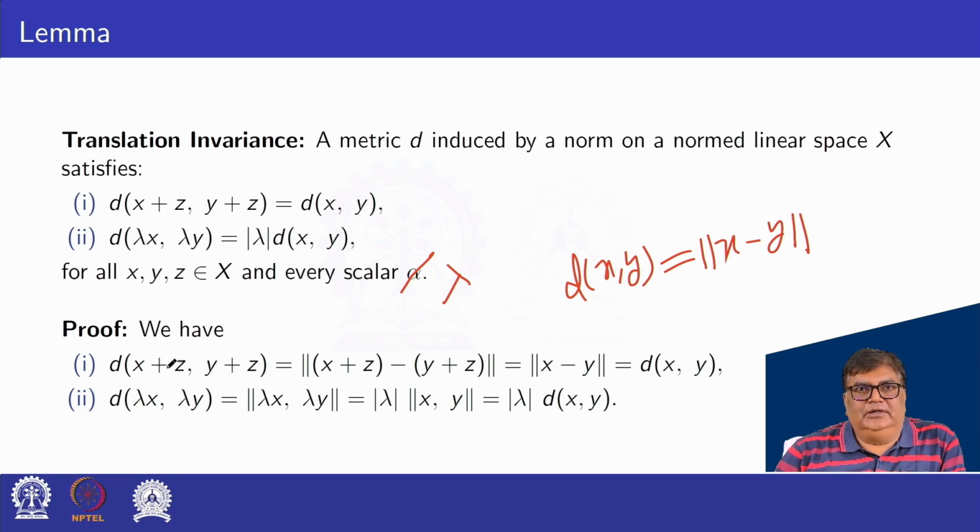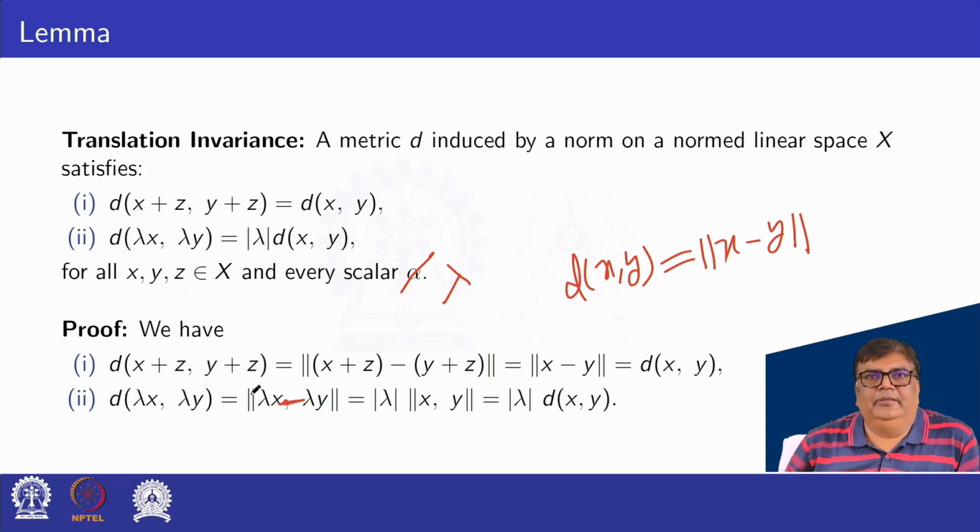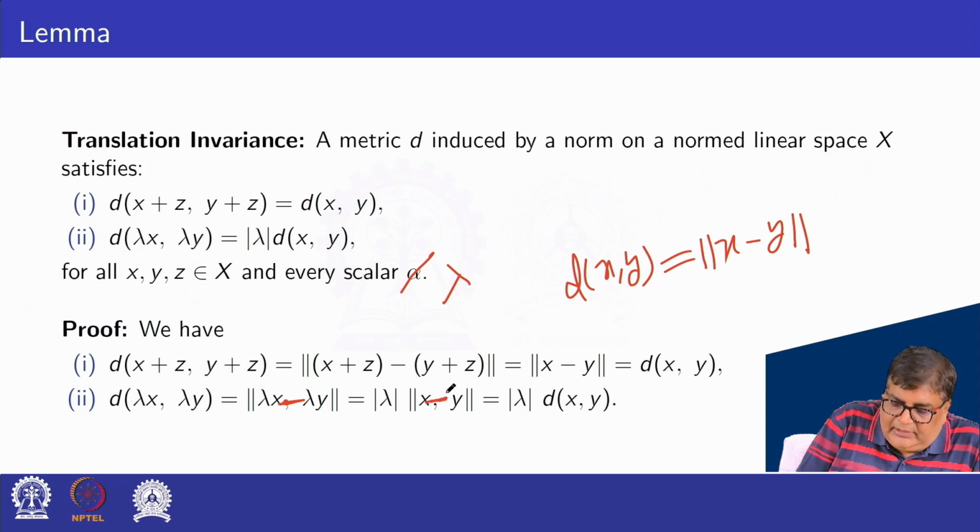So translation invariance is proved. Now d(lambda x, lambda y), where d(x, y) is equal to norm x minus y. It should be lambda x minus lambda y, and lambda common from here, norm lambda times x minus y.